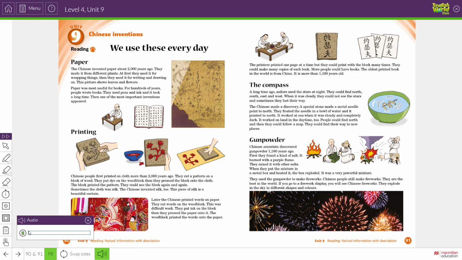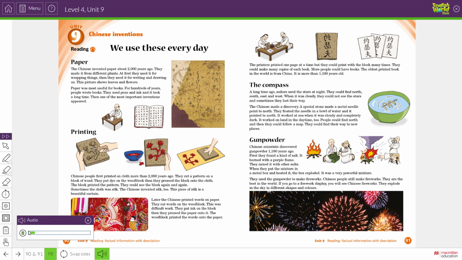Poster 9 and Pupils Book Unit 9, page 90. Reading. We use these every day. Paper. The Chinese invented paper about 2,000 years ago. They made it from different plants. At first, they used it for wrapping things.